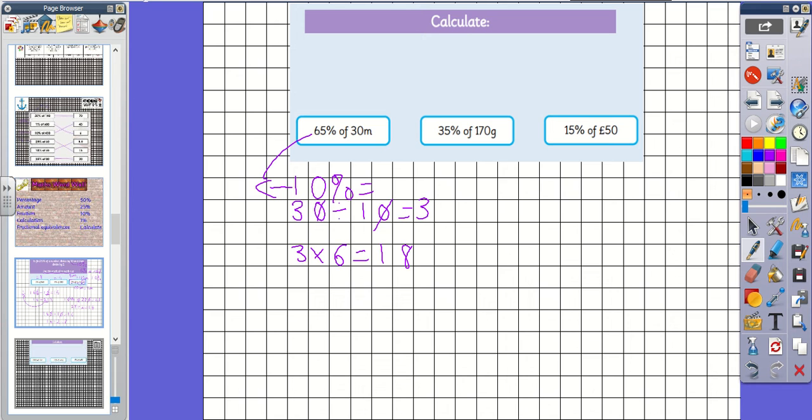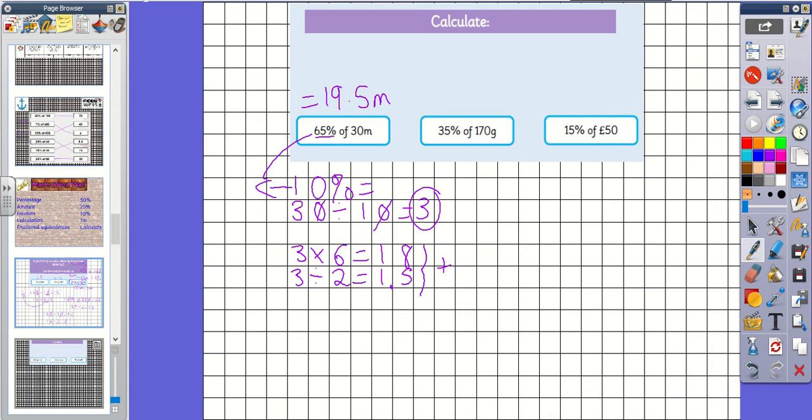Now I found out 10% of 30, which is 3. I need to find 5%, so I need to do 3 divided by 2, which is 1.5. I then need to add 18, add 1.5 together, which gives me 19.5 metres.